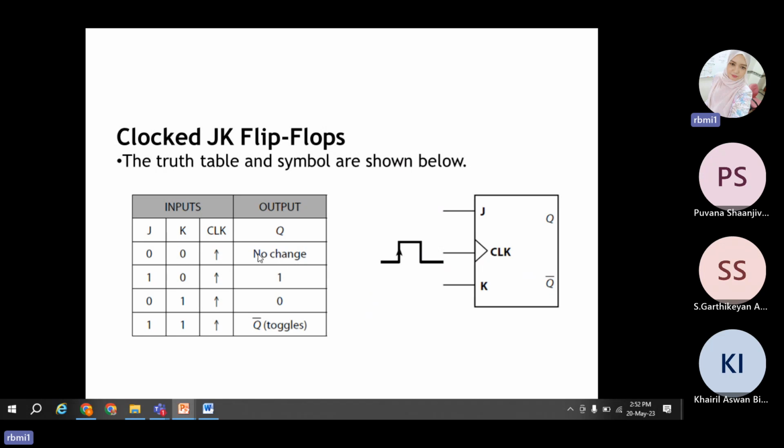As you can see, if we have the inputs J and K as 0 and 0, there will be no change at the output. If the clock is high and we have input 1 for both J and K, the output will be toggled from the original Q output.